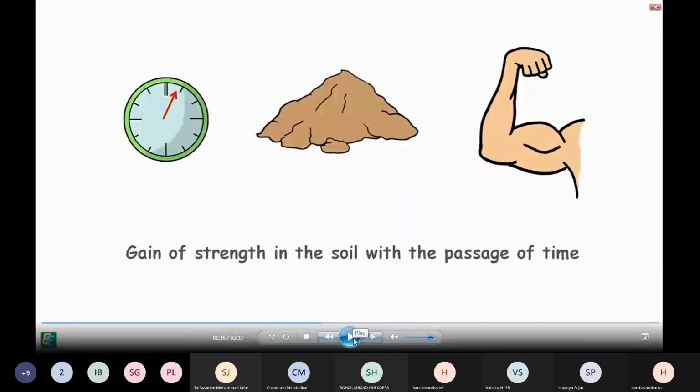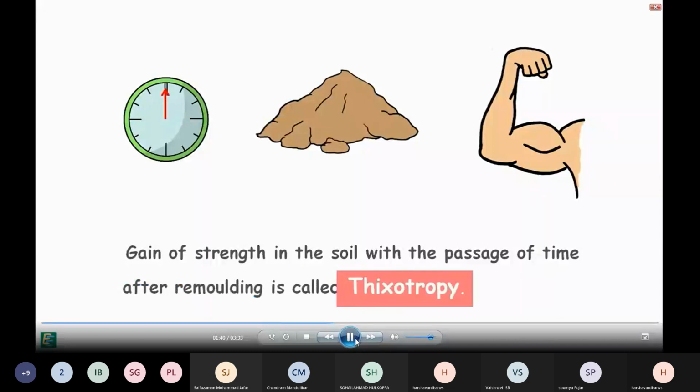Now after the strength is lost, if you allow the soil to rest for some time, again there is a gain of strength. Initially the soil is in the undisturbed state, and after remolding, the soil loses strength because of distortion of soil structure and molecular structure. If you allow the soil to rest for some time, the soil will gain strength with the passage of time.